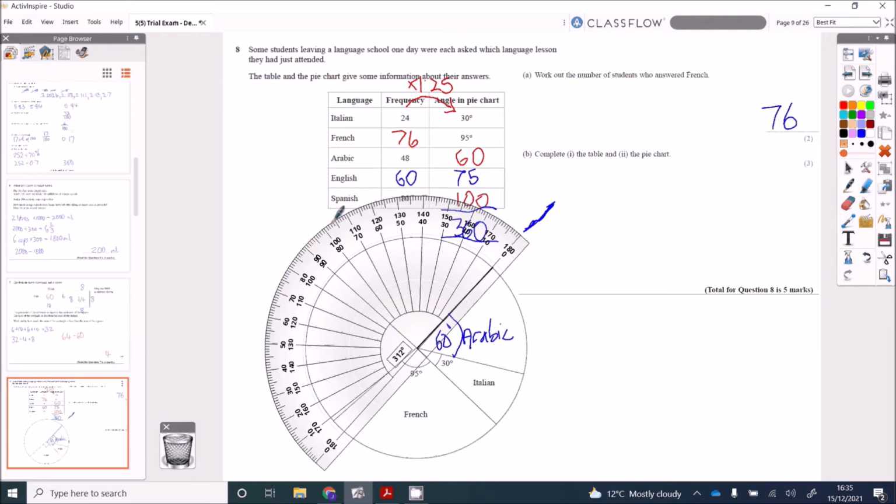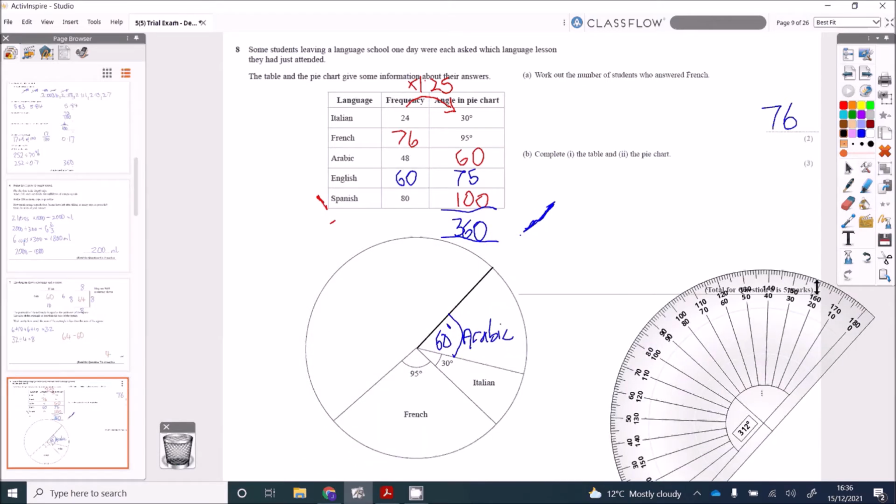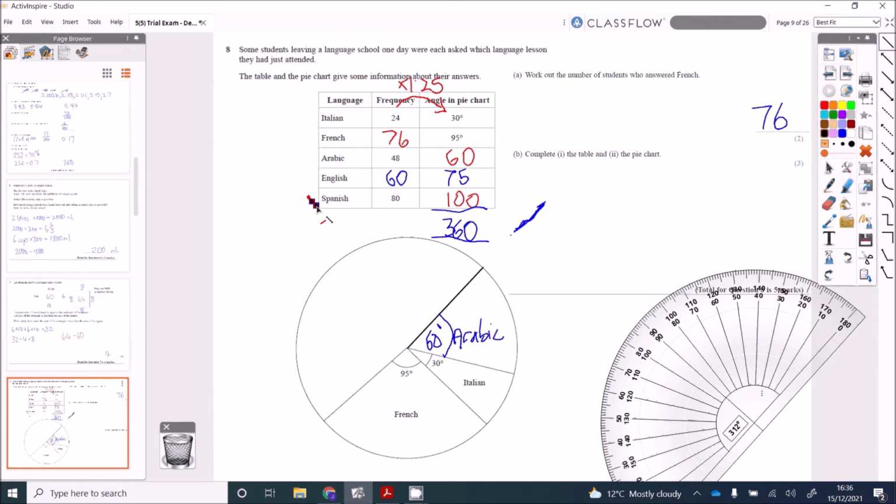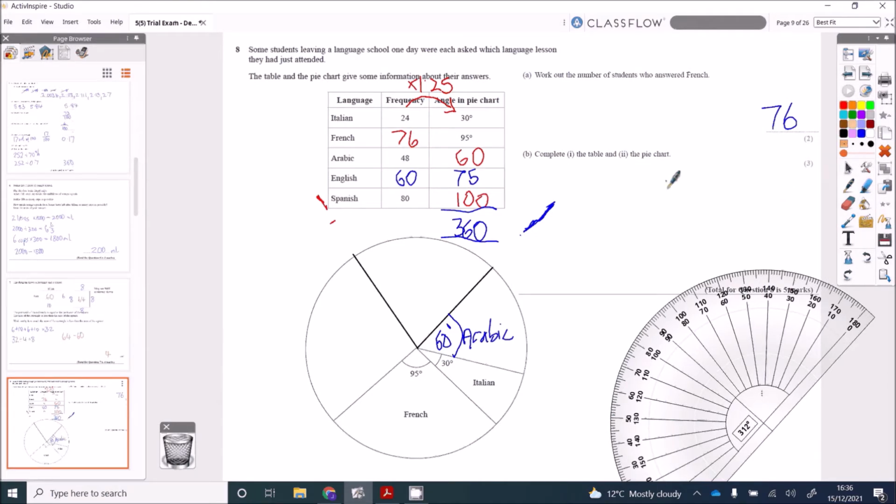It's quite hard to do it on line, but try and get that mark lined up. So that's on the 75. Move your protractor away and draw that line in. Okay, and that is my English section, which is 75 degrees.